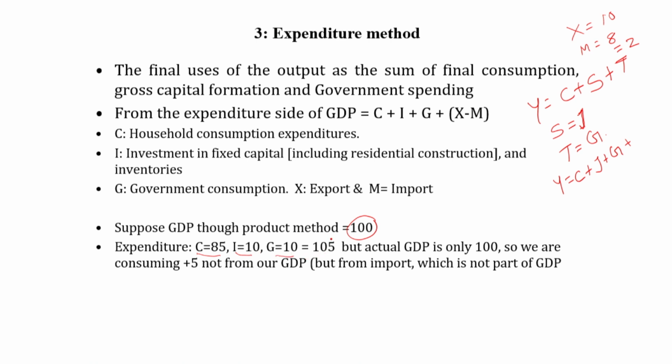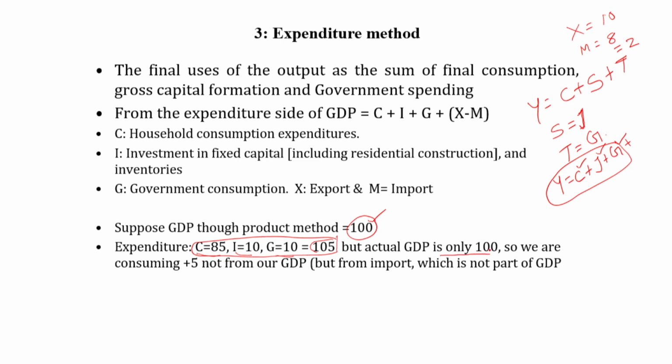If the foreign sector is not in the picture, total expenditure is the household expenditure C, the firm's expenditure I, and the government expenditure G. Using this approach, suppose we get 105, but using the income method and the product method we got a GDP of 100. That means the actual GDP is only 100.